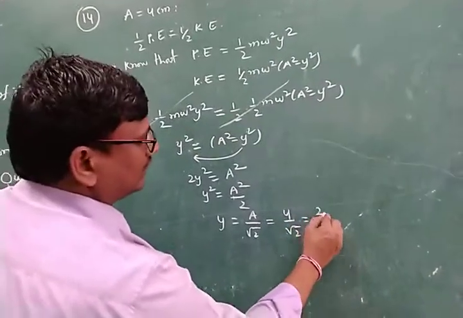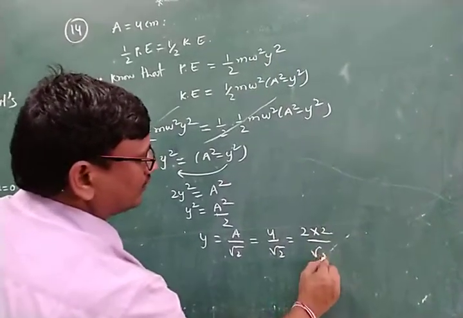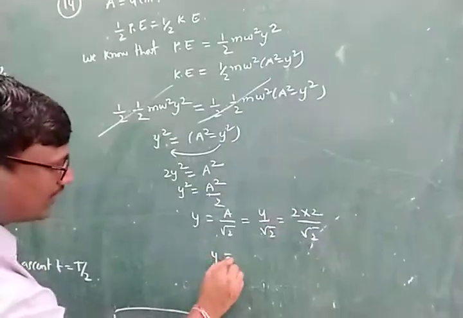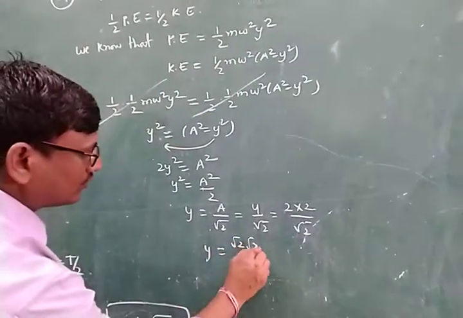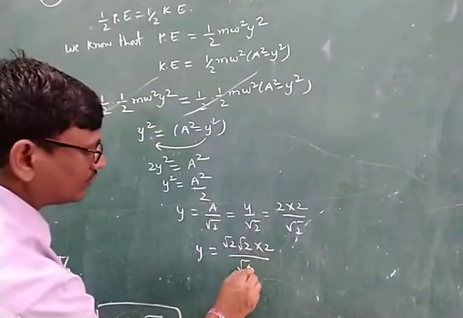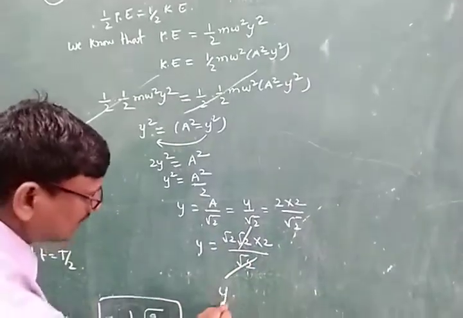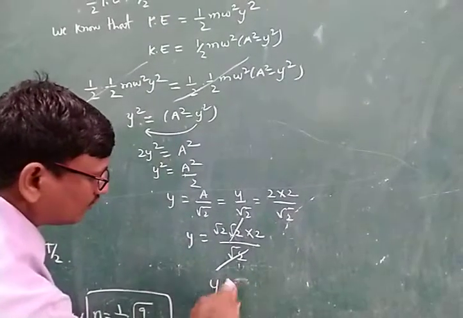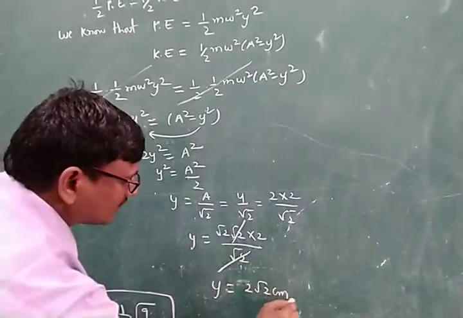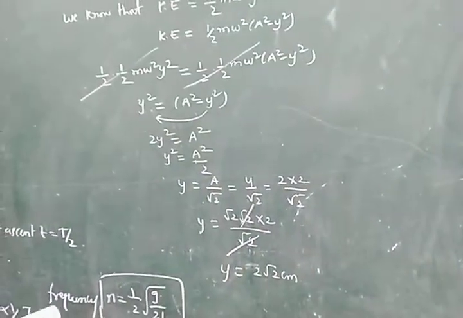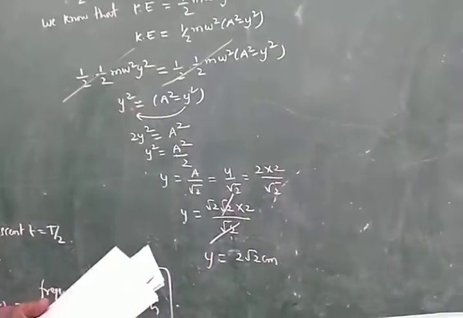Now 4 can be written as 2 into 2, and 2 can be written as root 2 into root 2, so 4 by root 2 becomes root 2 into root 2 into 2 by root 2. Root 2 gets cancelled, so y is equal to 2 root 2 centimeters. The distance is 2 root 2 centimeters.